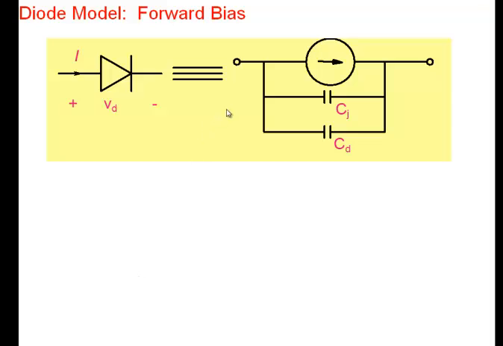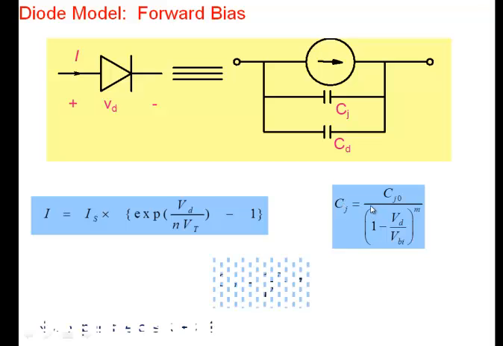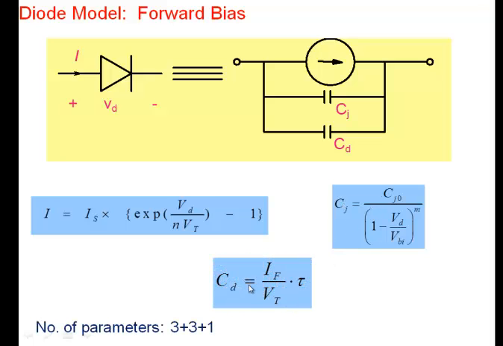All right. So that's the picture of my diode under forward bias here. I have this current that you see here, and I have this capacitance here, depletion capacitance, and I have diffusion capacitance here. Now, how many parameters do I need to describe my diode? Every model has a set of parameters. So, suppose I give you a diode and you want to use it in a circuit.